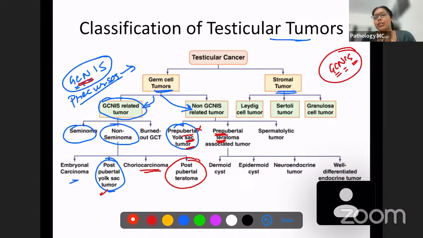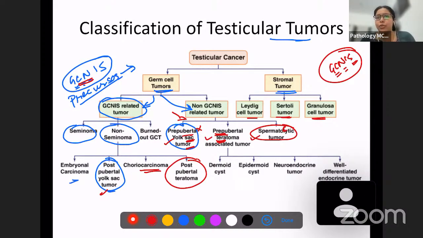A few other testicular tumors which you have to remember are Leydig cell tumor, Sertoli cell tumor, granulosa cell tumor, and then we have spermatocytic tumor. So in germ cell tumors, there are these GCNIS related tumors and there are non-GCNIS related tumors. Three tumors are GCNIS non-related, which are prepubertal yolk sac tumor, prepubertal teratoma, and spermatocytic tumor.